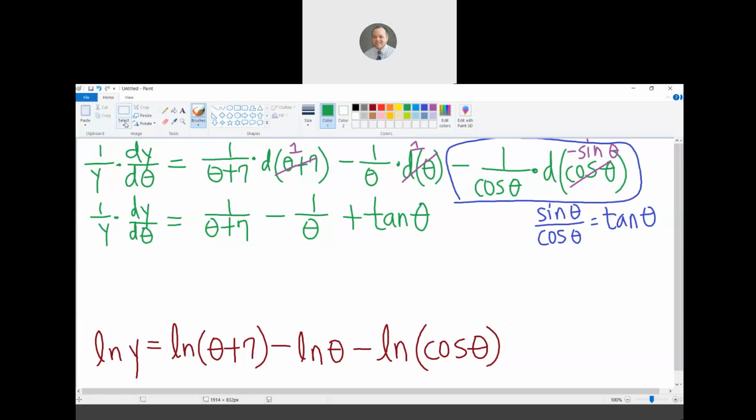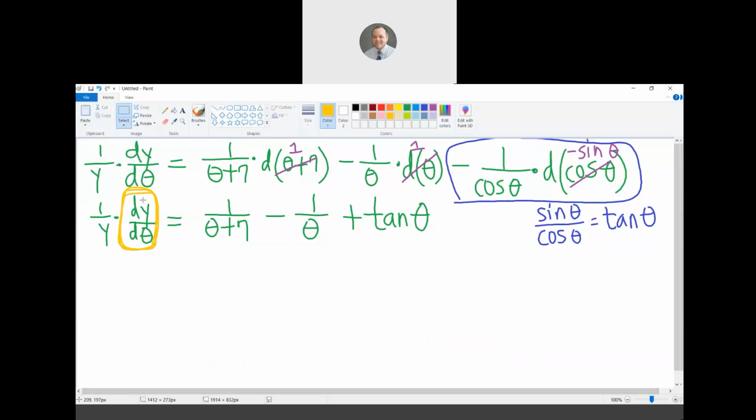Now we are trying to solve for dy d theta, but we have that 1 over y attached to it. Quite simply, as we've done with previous logarithmic differentiation problems, just multiply both sides by y.